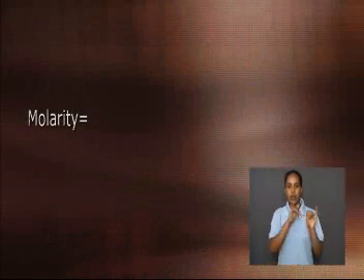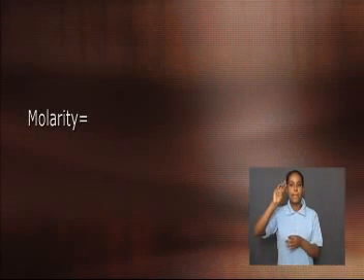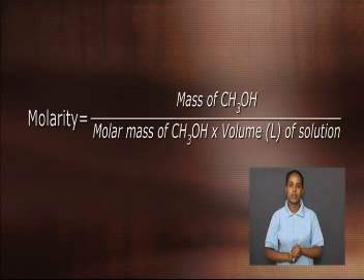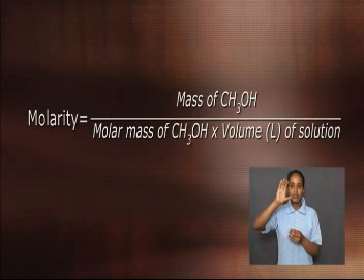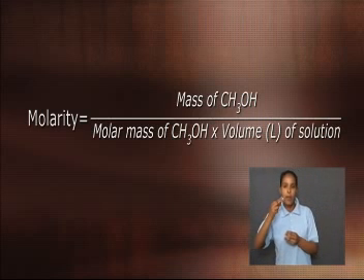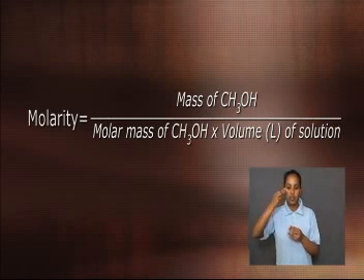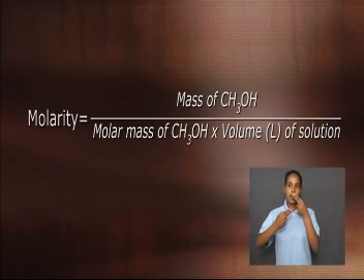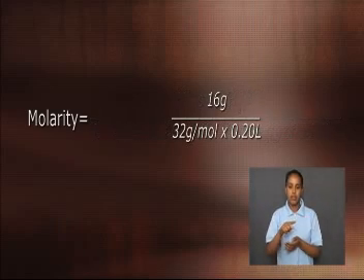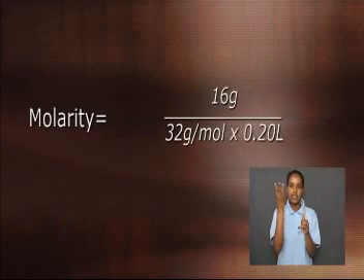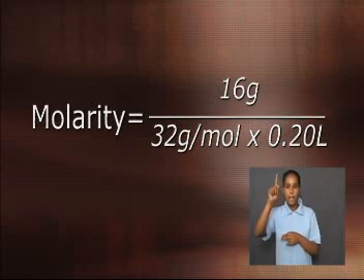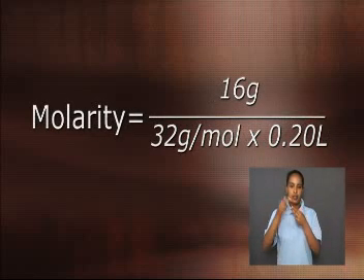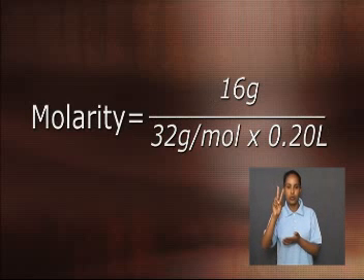In order to determine the molarity of the solution, we must divide the mass of the methanol by the molar mass of methanol multiplied by the volume of the solution. Thus, we divide 16 grams by 32 grams per mole times 0.20 liters.